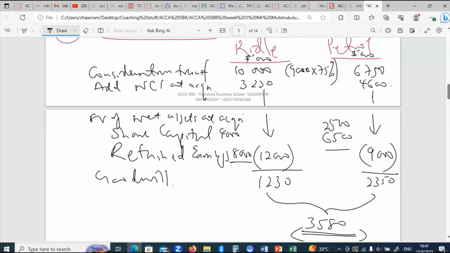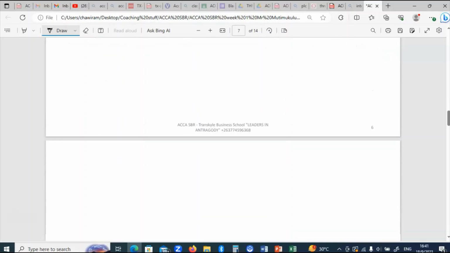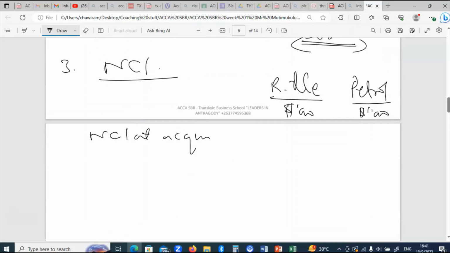Okay, 3,230 and 4.6. Then the NCI share of post acquisition retained earnings.